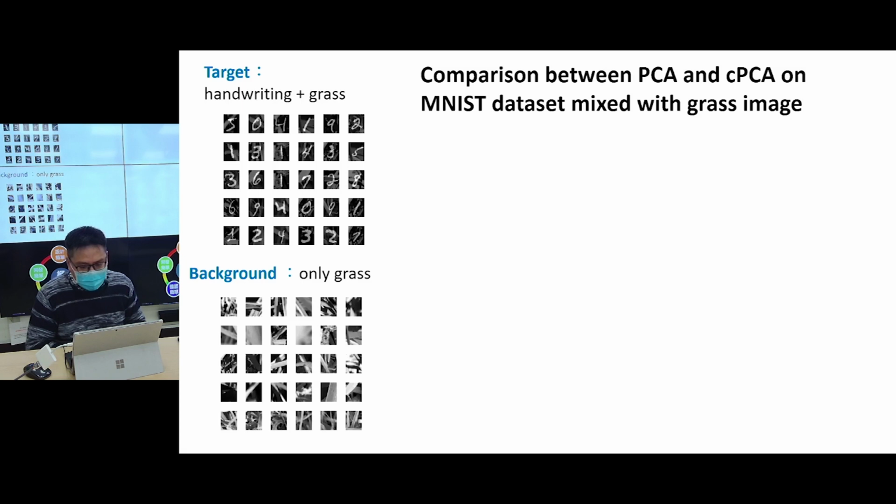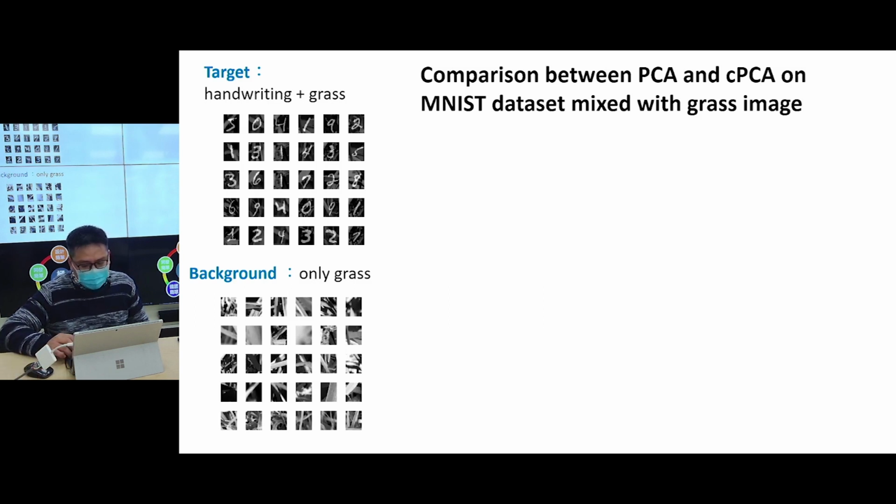So here we show an example. This is an example of handwritten digit images mixed with grass images. Our target data set is a mixture of handwritten images and grass images. And we know the grass image is uninteresting, so we hope to eliminate the information from the grass images. So our background data set is a collection of grass images.